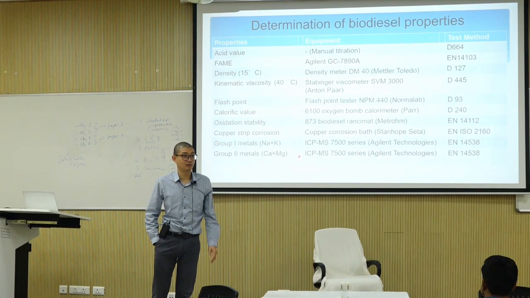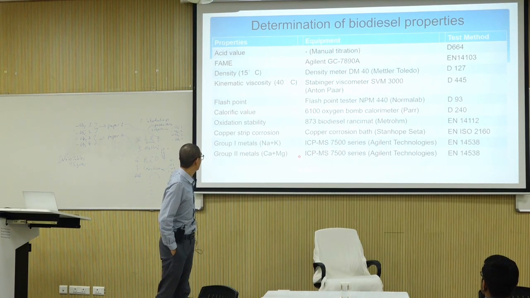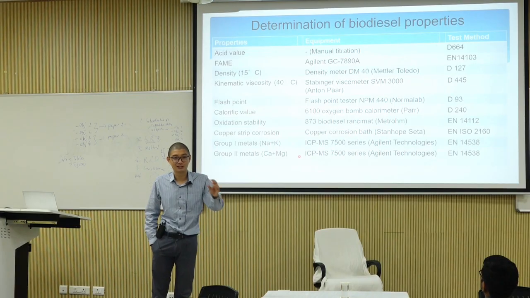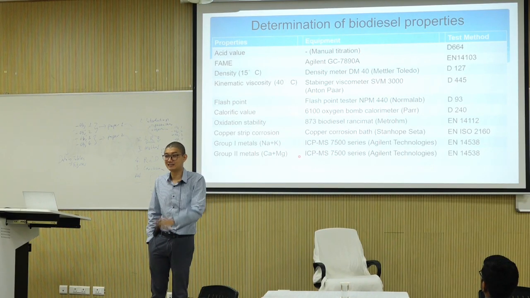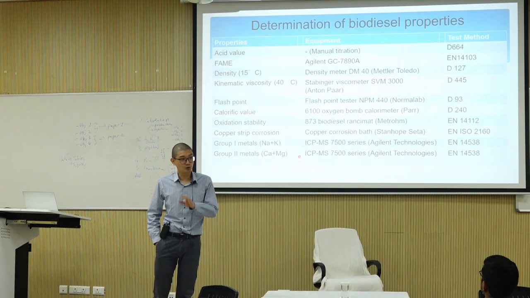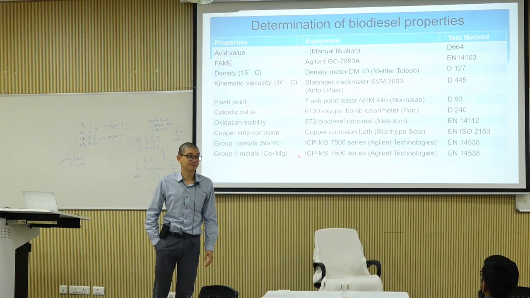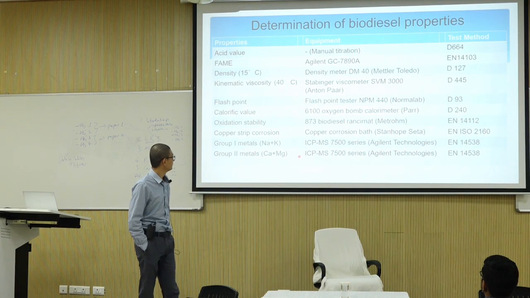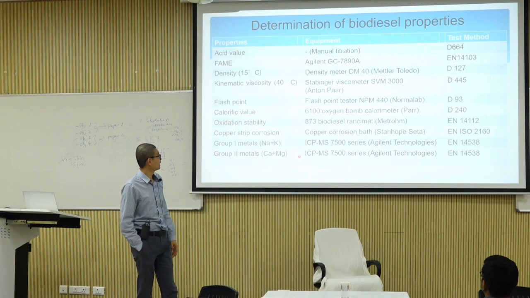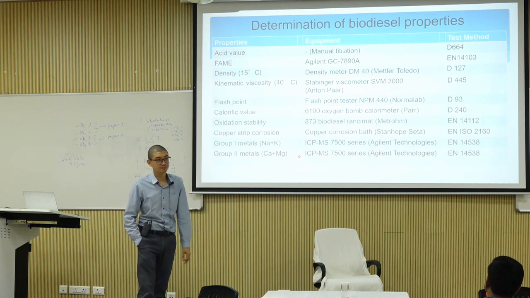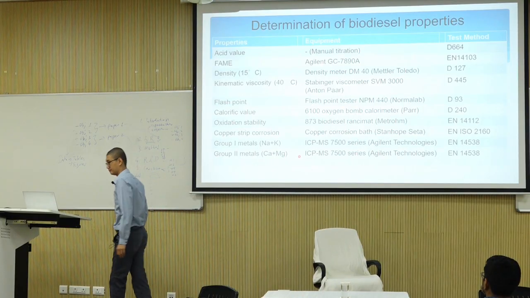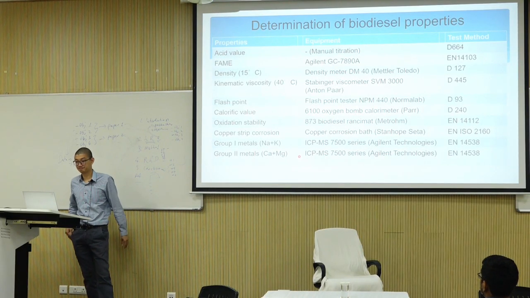Some also measure the water content, because the water content must be less than a certain percentage. If not, it will also cause wear and tear on the engine parts and components. Because it will cause corrosion. Where does corrosion come from? The acid value.